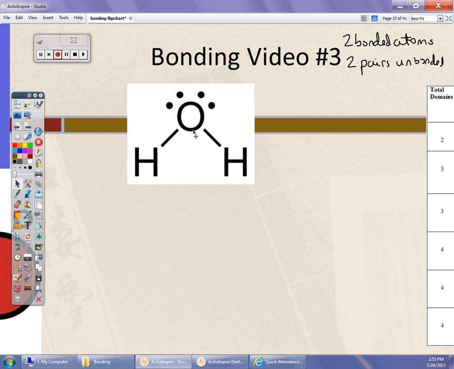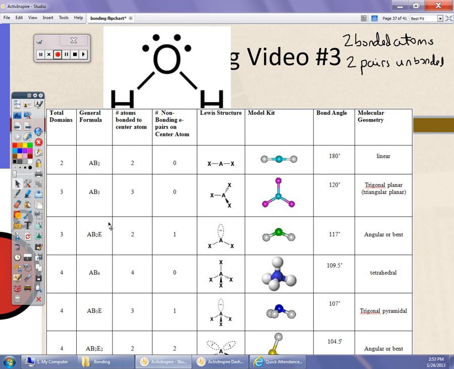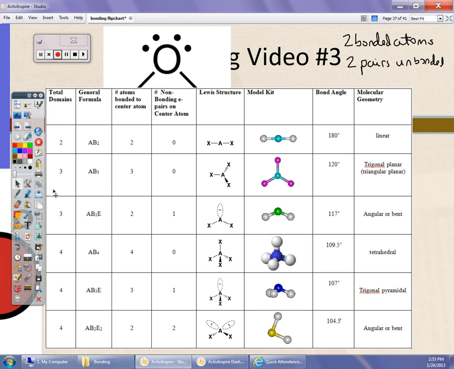As a result, water has the 2 that are bonded, but then the 2 that are not, so this is gone, that is gone. This is going to have an angular or a bent shape, a bond angle of 104.5.